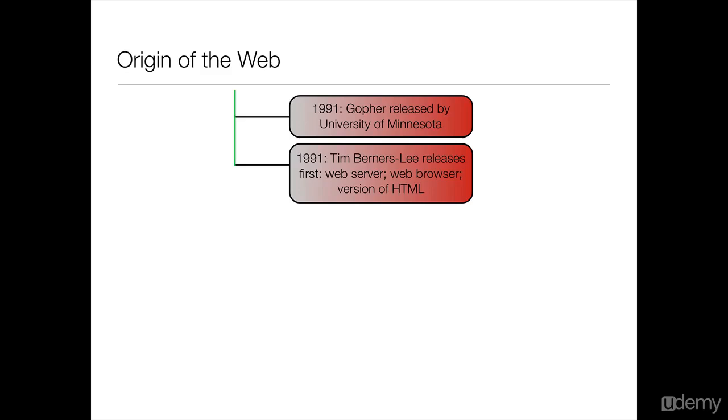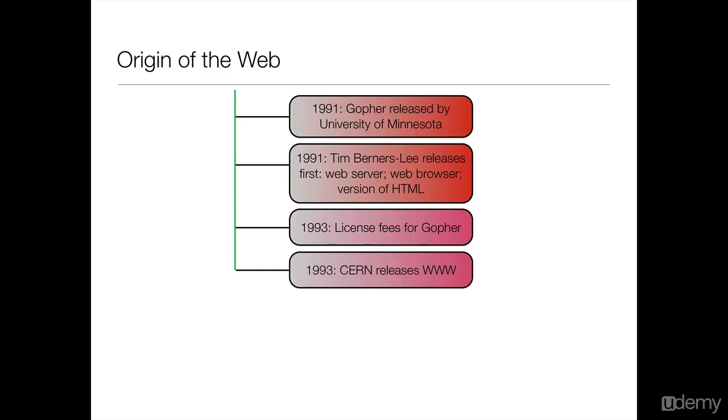And in 1991, he released the first web server, web browser, and version of HTML. And in fact, many of the elements of that first design of HTML still are supported in the current version. And there was, behind that, a vision of a World Wide Web. So Tim Berners-Lee called that the World Wide Web.